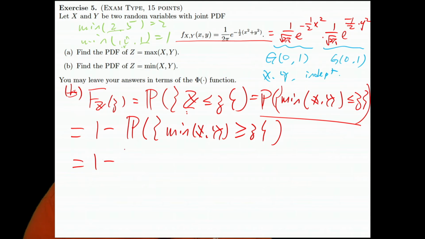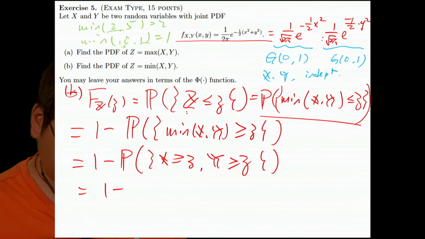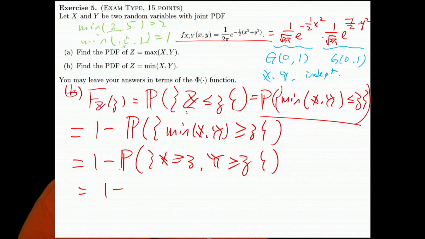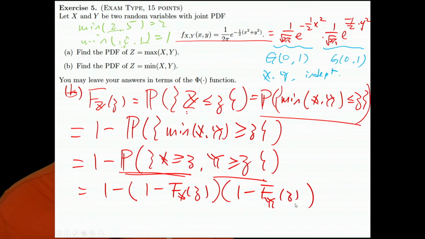So it means X is greater than z, and of course Y is greater than z. And because they are independent, this times this is just 1 minus the CDF of X at z, times 1 minus the CDF of Y at z.